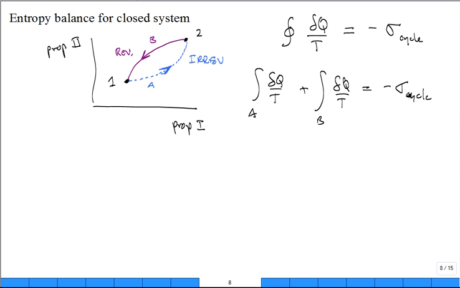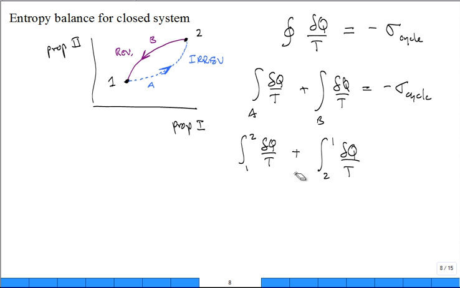True? And so for path A, it goes from 1 to 2, the integral of del Q over T, plus the integral from 2 to 1 of del Q over T. True?